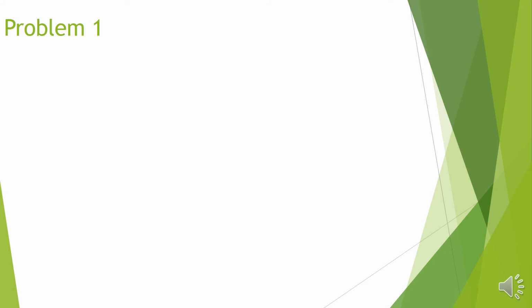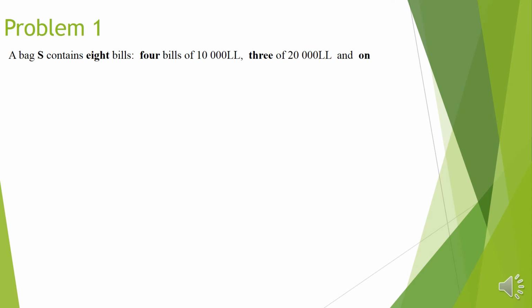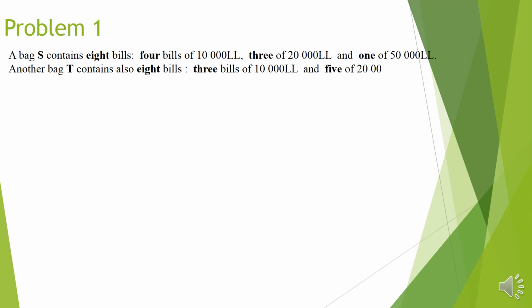Let's repeat our question. Bag S contains 8 bills: 4 bills of 10,000, 3 of 20,000 and one of 50,000. While the second bag has 8 also, 3 of 10,000 and 5 of 20,000.